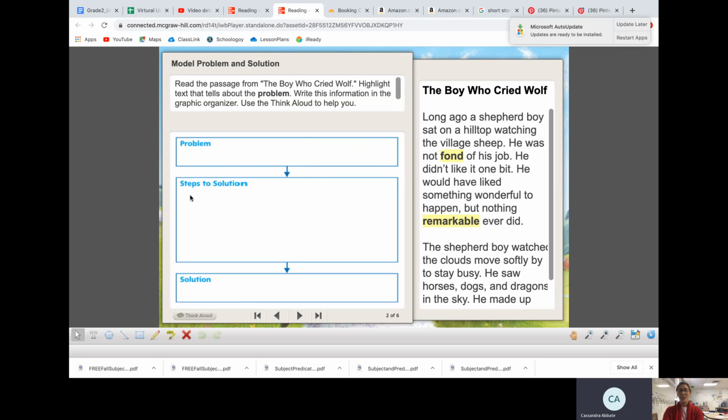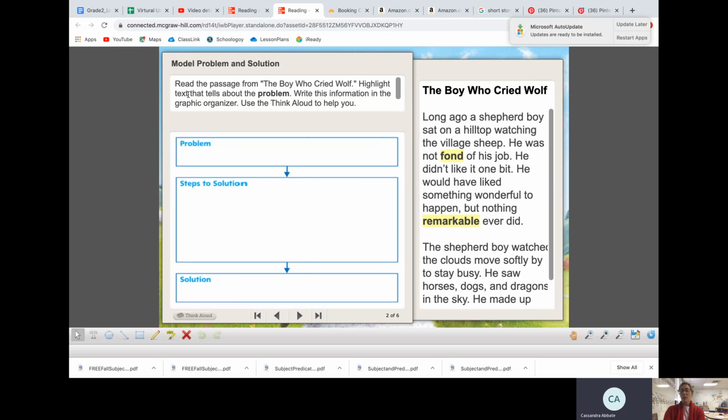Then underneath of that, write a little bit larger of a rectangle, and underneath of that, make a skinny rectangle again. On your first rectangle, write the word problem, in the middle box, steps to solutions, and in the last box, solution. If you need more time, please pause the video and get that done. But we are going to move on.